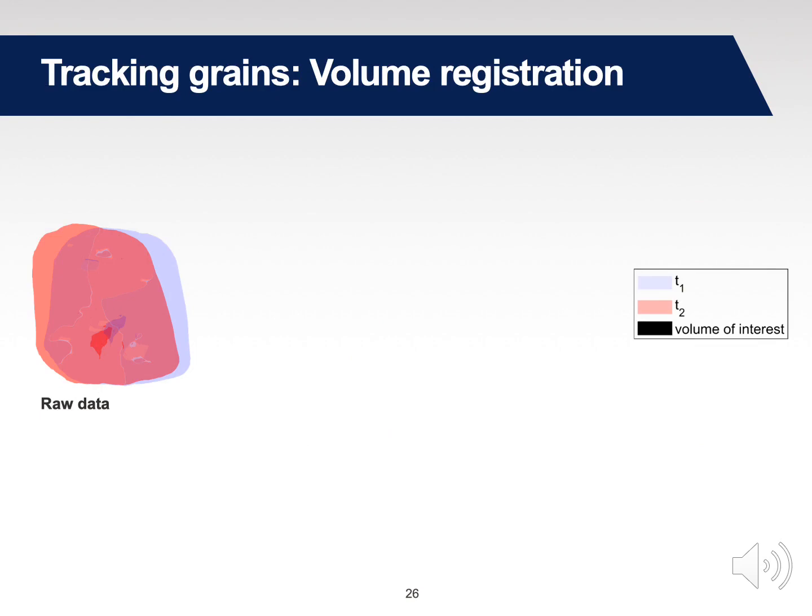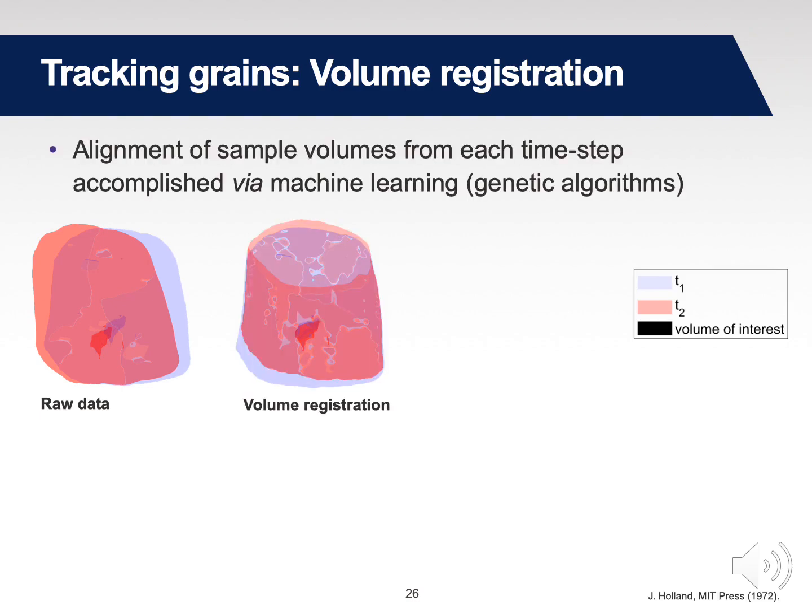It's a very important and crucial step in order to extract high-level information. So you have two different data sets here collected at two different time steps, and we want to align these two time steps. This is an alignment problem, and we accomplish this through genetic algorithms. The goal here is to search for the optimal transformation matrix.